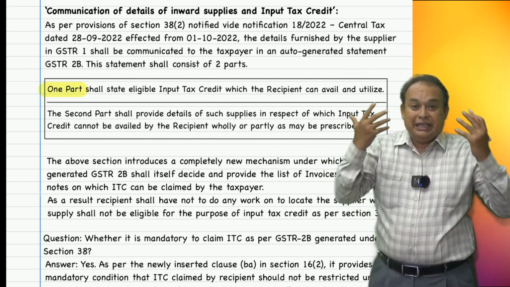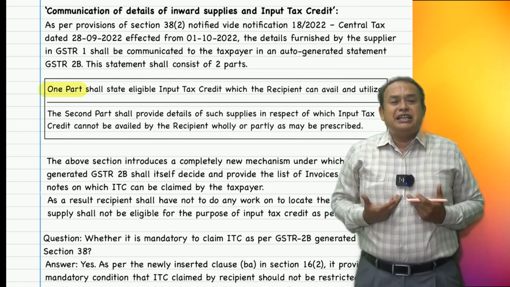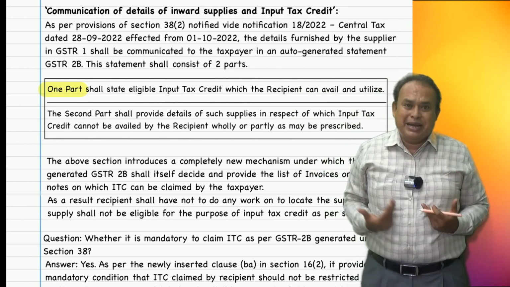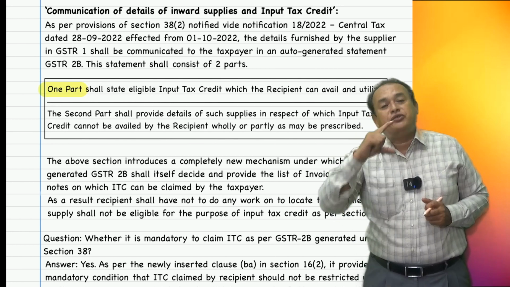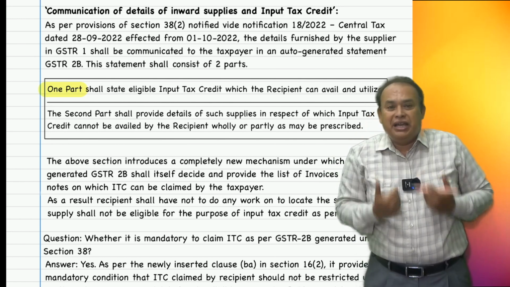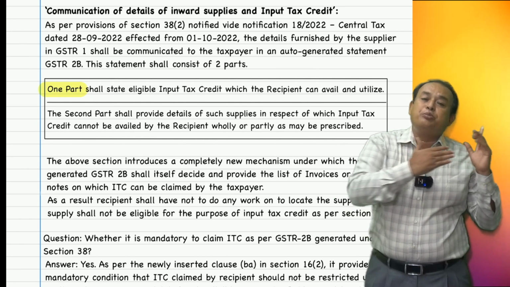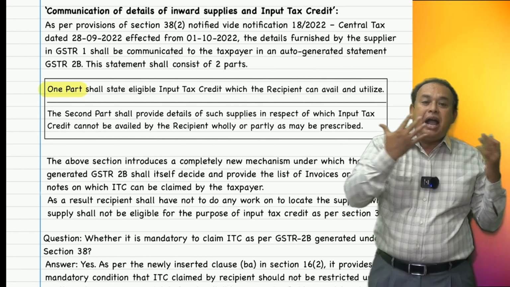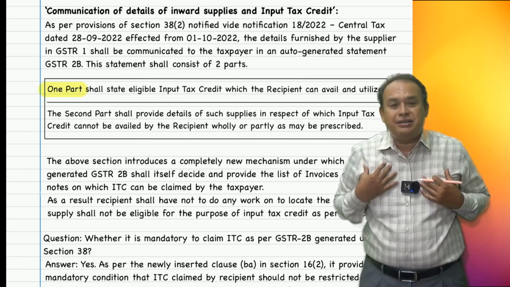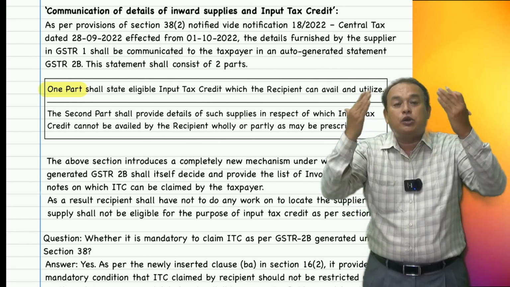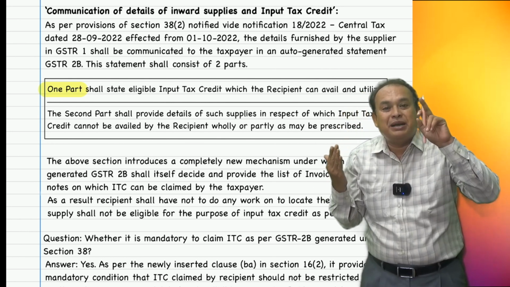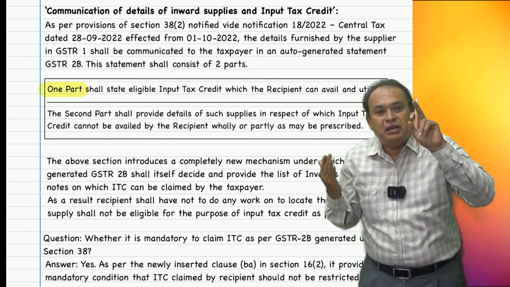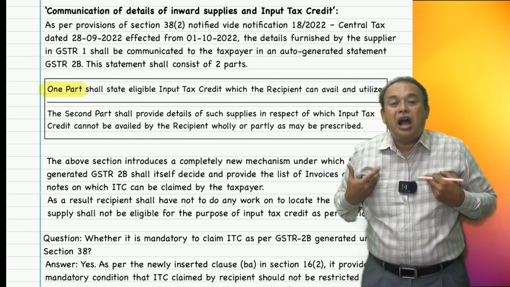Then in the GSTR 2B of the recipient, it is going to pop up in part 1, eligible to avail and utilize the input tax credit. And this particular recipient, by opening the GSTR 2B return, confirms, yes, this is my credit, submit, confirm my credit. So I avail the credit.